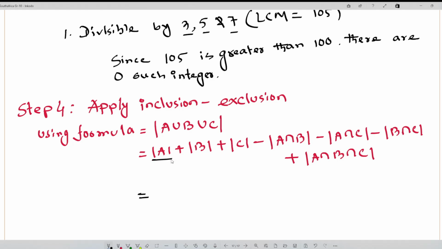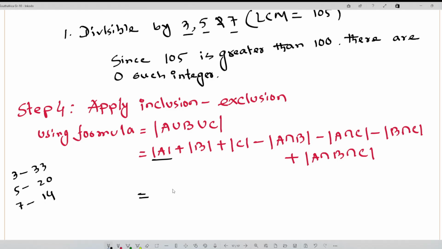So first is A. What does A mean? A is 33. Look, once we divide by 3, we get 33. Once we divide by 5, we get 20. Once 7, we get what? 14.